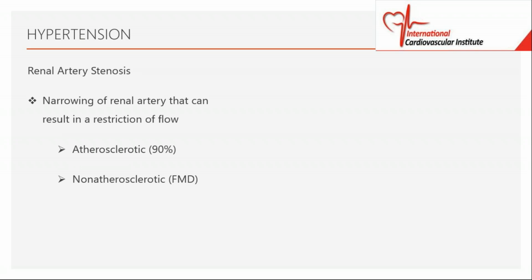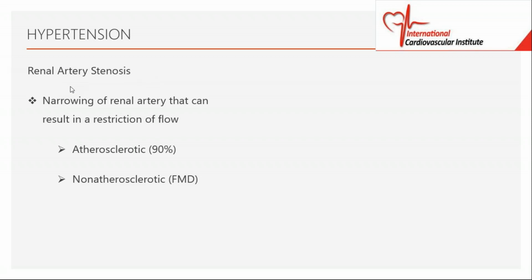Okay. All right. So people doing exams, they have to know primary aldosteronism. The next fairly common secondary cause for hypertension is renal artery stenosis.